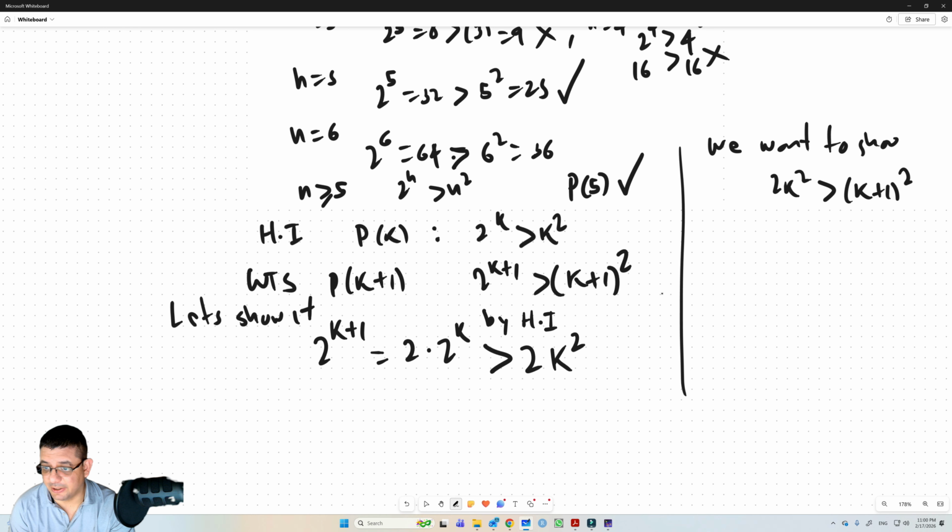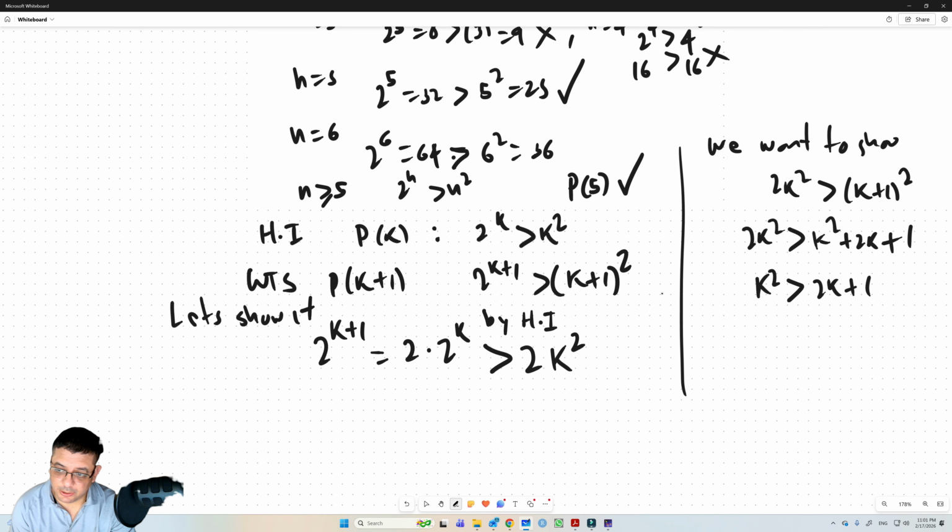So let's break this down. 2k squared is bigger than k squared plus 2k plus 1. So if we subtract k squared, this is essentially saying that k squared is bigger than 2k plus 1, or that k squared minus 2k minus 1 is bigger than 0.